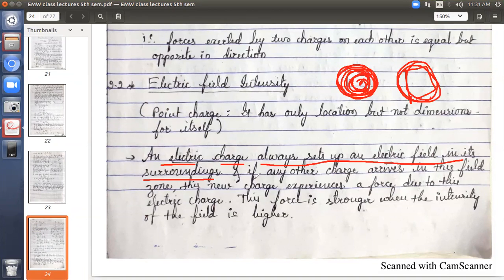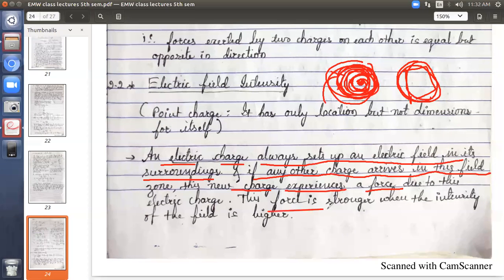And if some other charge arrives in that particular field, in that surrounding, even that new charge will experience a force. Why? Because one charge already exists in that surrounding. If one more charge is kept, if it arrives in that environment of the field, it will experience a force.